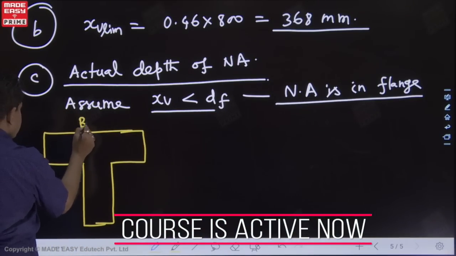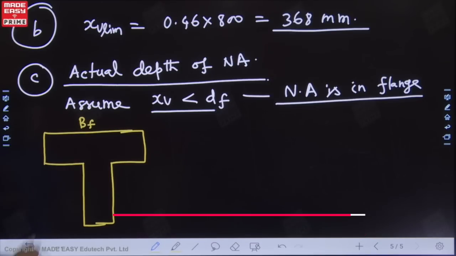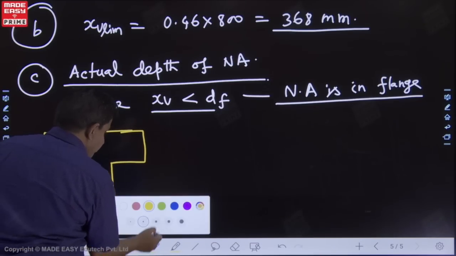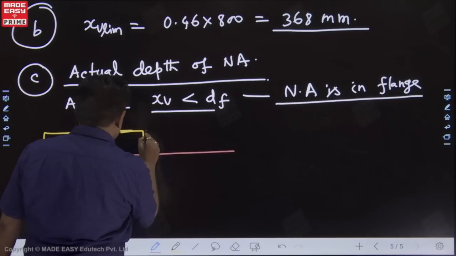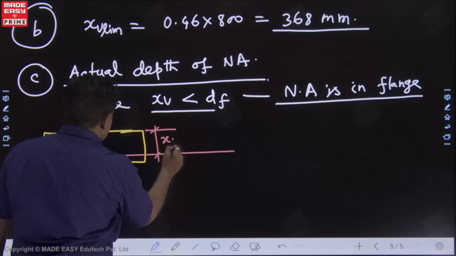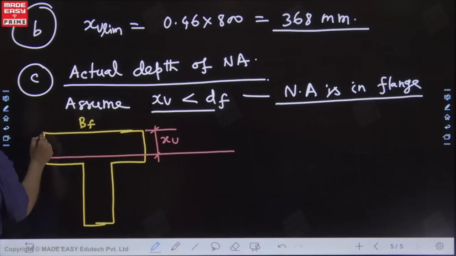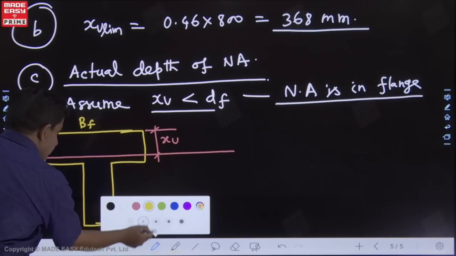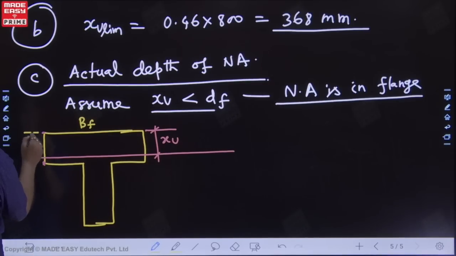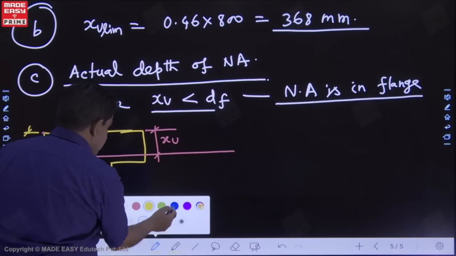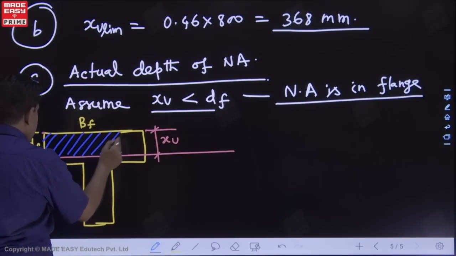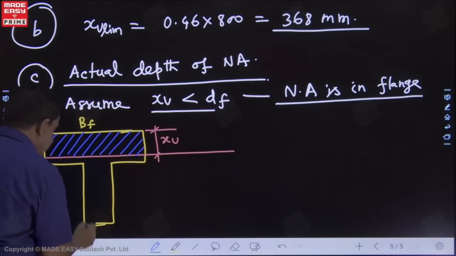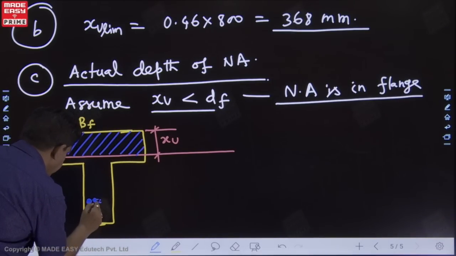Now it is B effective, B flange. You will forget the total width of flange. Suppose neutral axis is here, less than DF. This is XU, less than DF. This total value was DF, from this point to this point. But the neutral axis is less than that. So this portion is in compression. This portion is in tension. Here are the reinforcement in different layers.